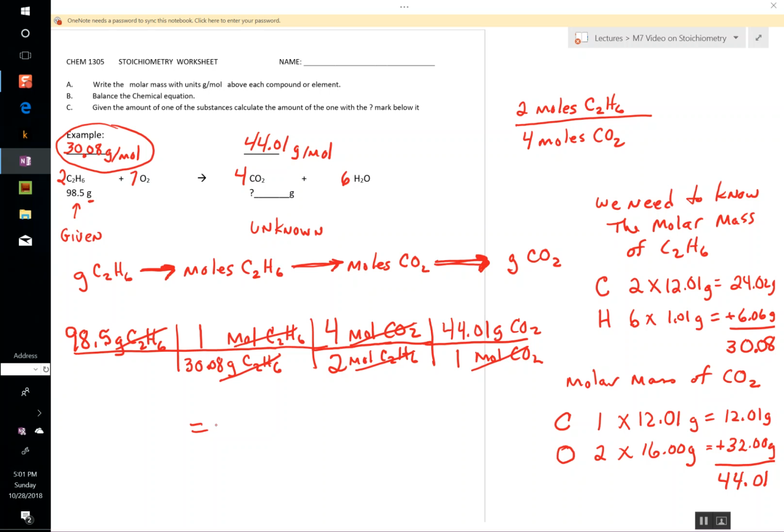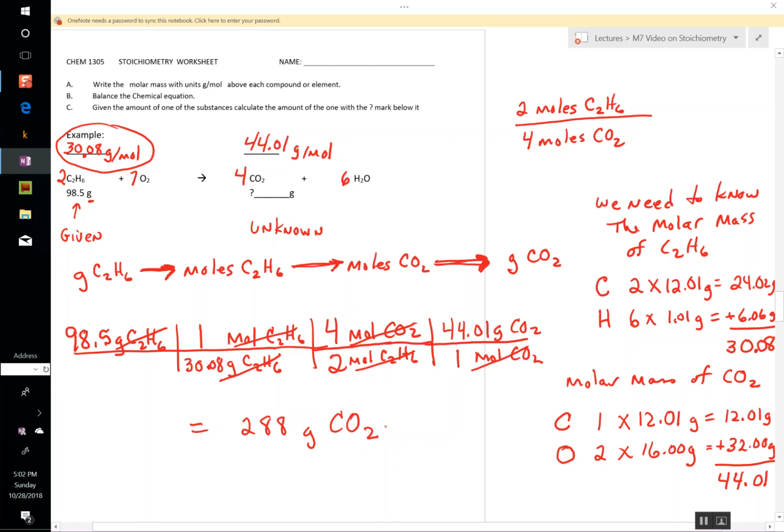So if I do that, 98.5 times 4 times 44.01 divided by 30.08 divided by 2, I get 288 grams of CO2.